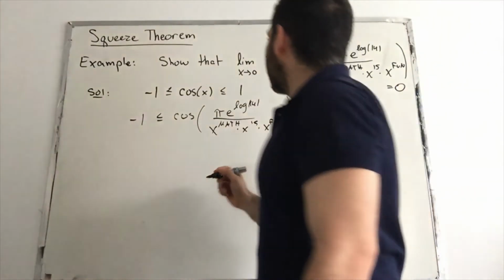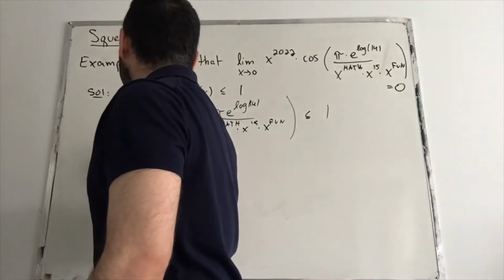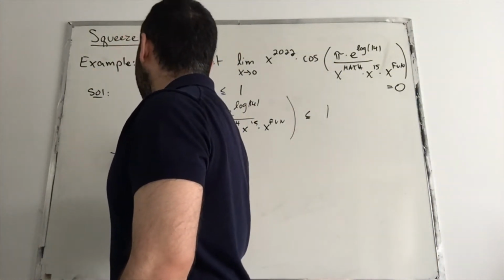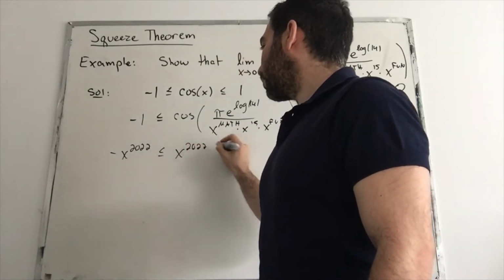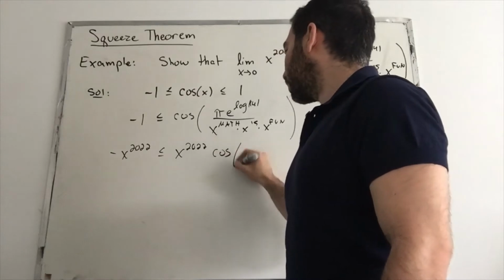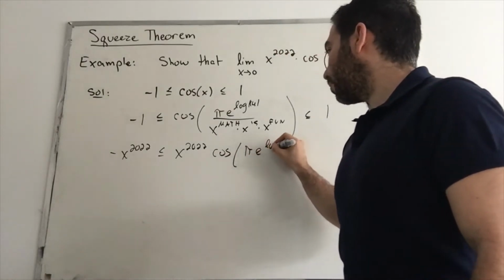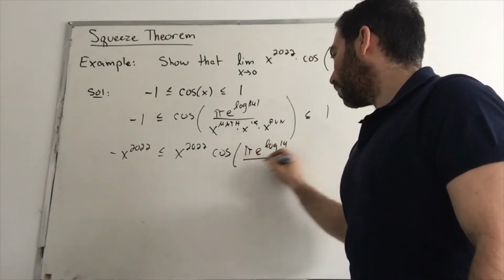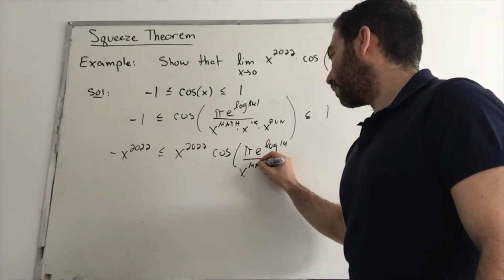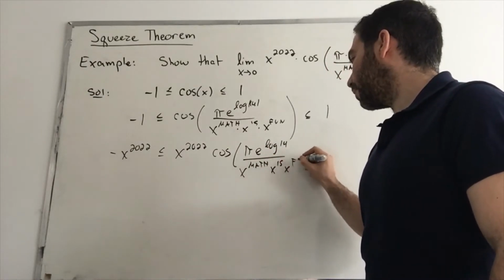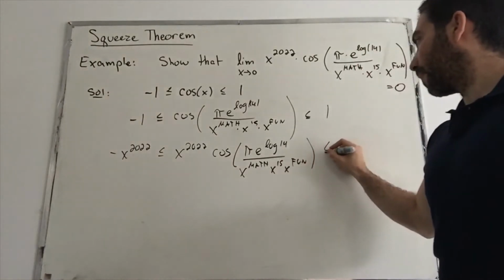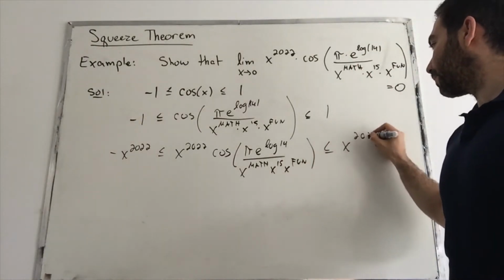So we're essentially just going to multiply the left hand side by x to the 2022, the middle by x to the 2022, cos pi e to the log 14, x math is fun, and x to the 2022.